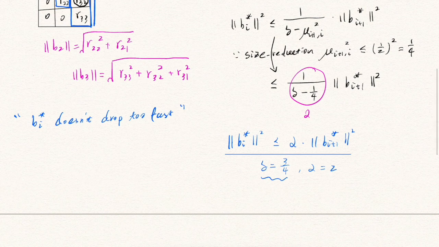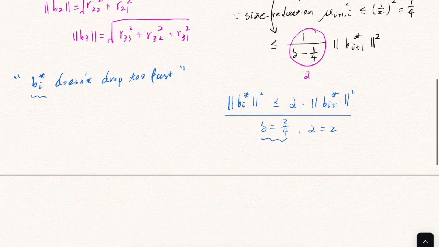So if, let's say, the Bi plus 1 star, the orthogonal vector, is too small, then the Lovász condition will be violated. And when the Lovász condition is violated, you need to swap it and then do a size reduction again. Okay, so the Lovász condition ensures that the orthogonal vectors of the reduced spaces won't drop too fast. So that's the intuitive interpretation. We briefly explain how we understand this drop-too-fast thing.